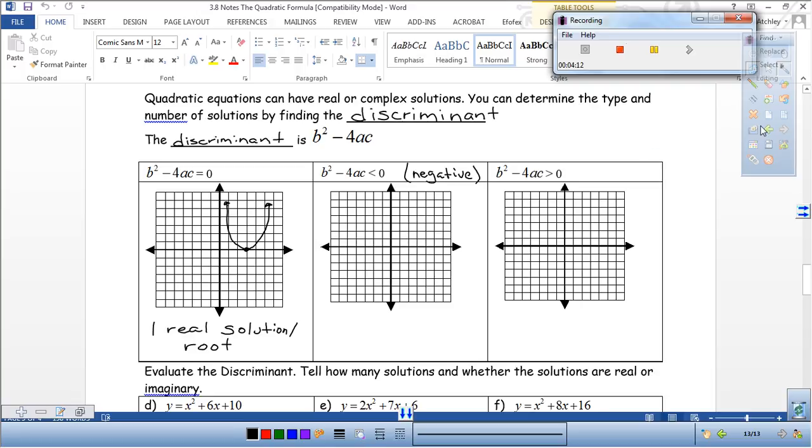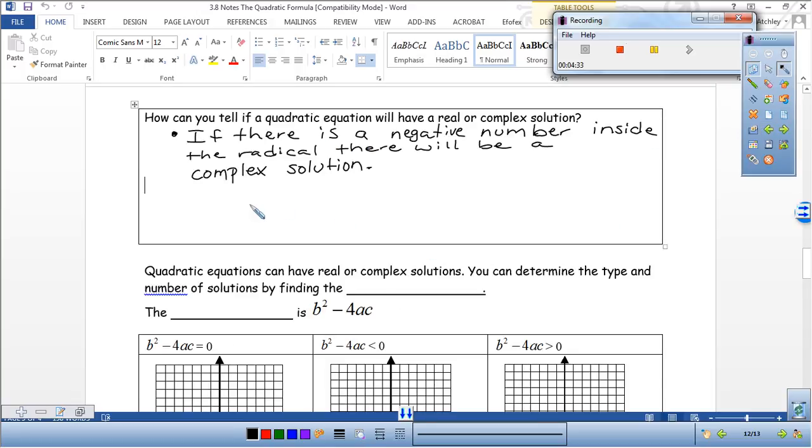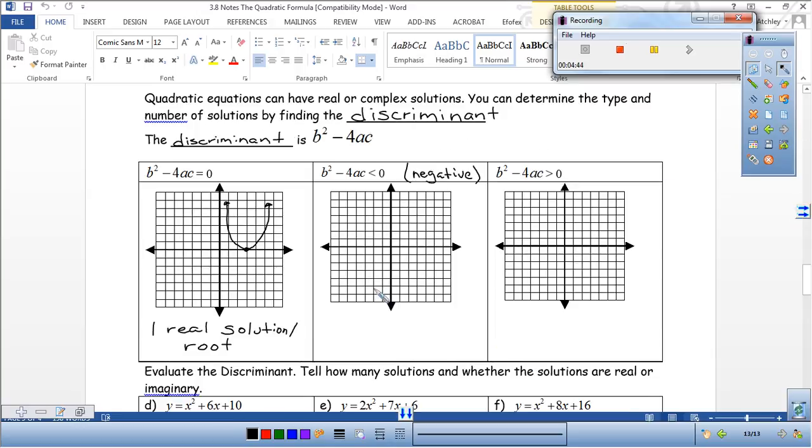Let's go back and look at our notes. That means I'm going to have complex solutions. Okay? Complex solutions mean they don't really exist, right? So you'll have two complex solutions or roots.